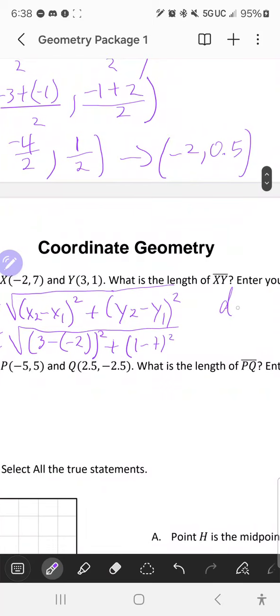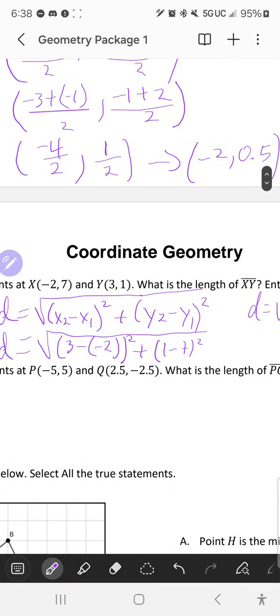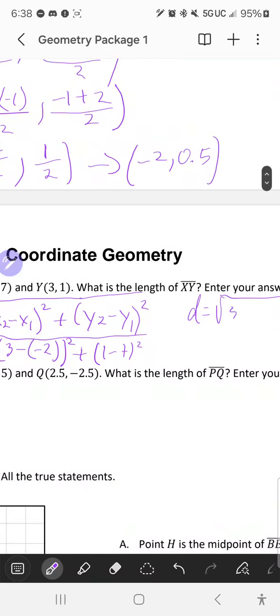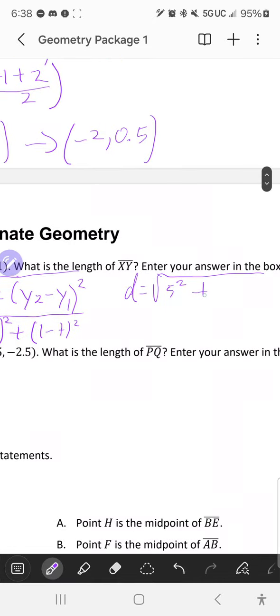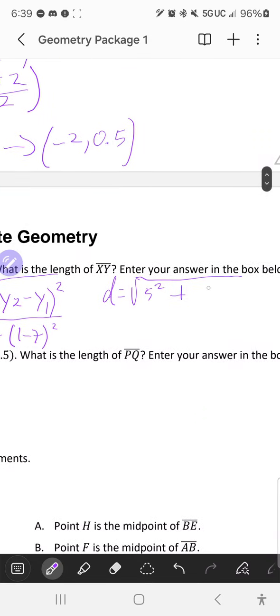Now this is going to be equal to the square root of minus minus, we say that is plus, so 3 plus 2 is going to be 5, so it's 5 squared, plus 1 minus 7, which is the bigger minus the smaller, keeping the sign of the bigger, basically. So 7 minus 1 is going to be 6, but since our 7 is the one that is negative, our result is also going to be negative, so -6 squared.